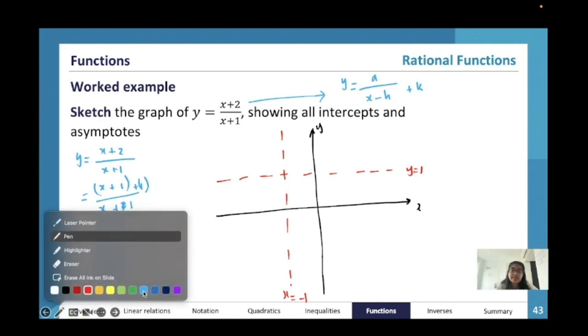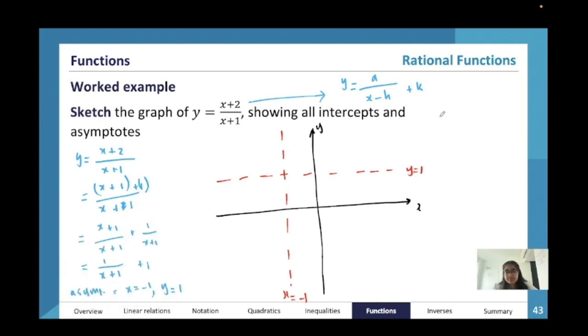Now let's find our axis intercepts. So to find the x-intercept, y equals 0. So 1 on x plus 1 equals 0. 1 on x plus 1 equals negative 1. X plus 1 equals still negative 1.